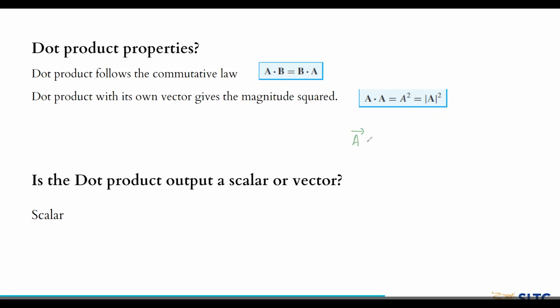If we take the dot product of a vector with itself, the definition will be A times A times cos, what should be the angle? Understand what I'm asking?